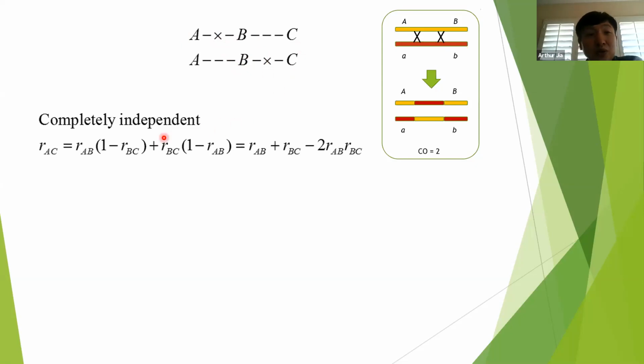So if we want to calculate the recombination frequency between A and C, and we produce a lot of progeny from the test cross, we're gonna look into those progeny to find the recombinants, the non-parental type for A and C, right? So is this situation counted towards this calculation?